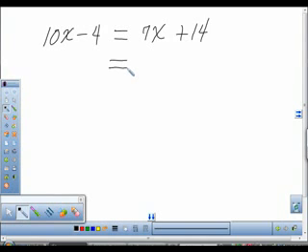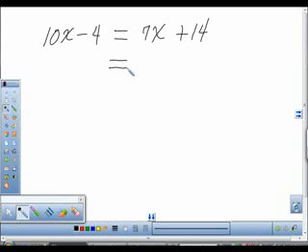And remember we talked after the test on Monday night that a lot of times it's best to try to eliminate the smaller variable. I said it really doesn't matter which variable you move or eliminate, but a lot of people find it easier to eliminate the smaller one. And so we're going to do that tonight.